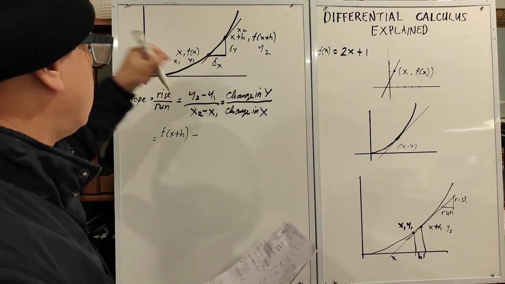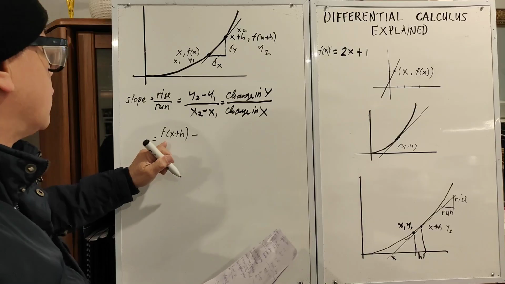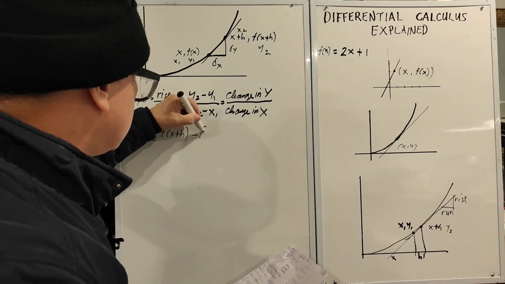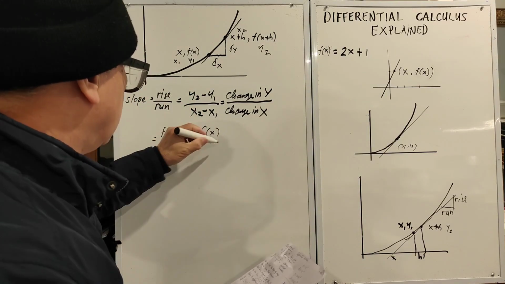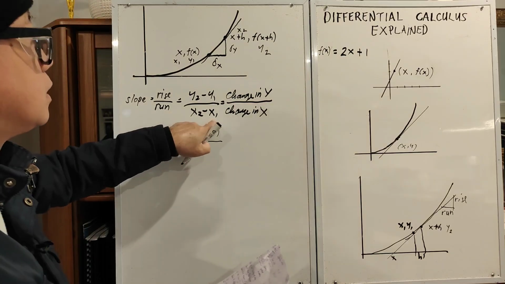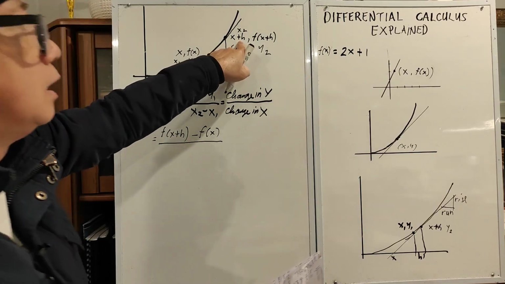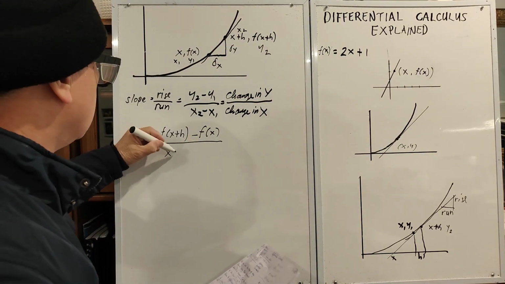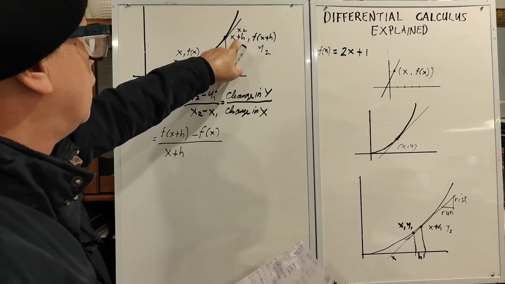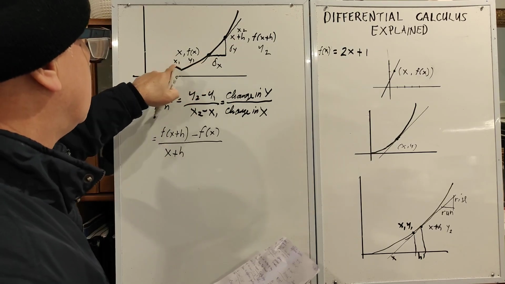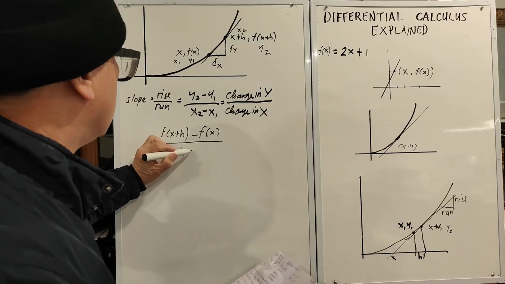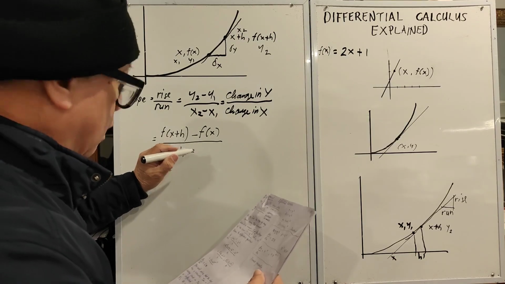So y2 minus y1 is f of x plus h minus f of x, over x2 minus x1. Our x2 is x plus h, so x plus h minus x1, which is x. So minus x.